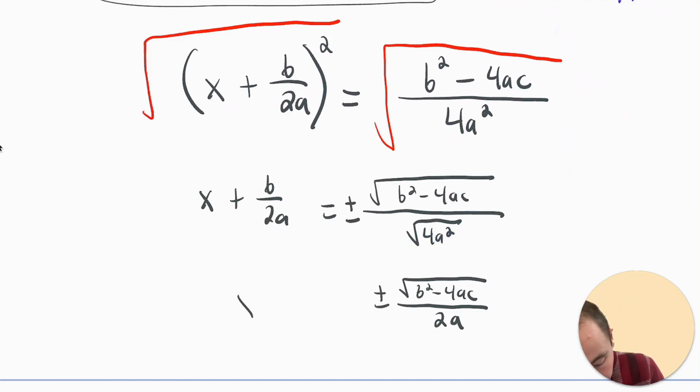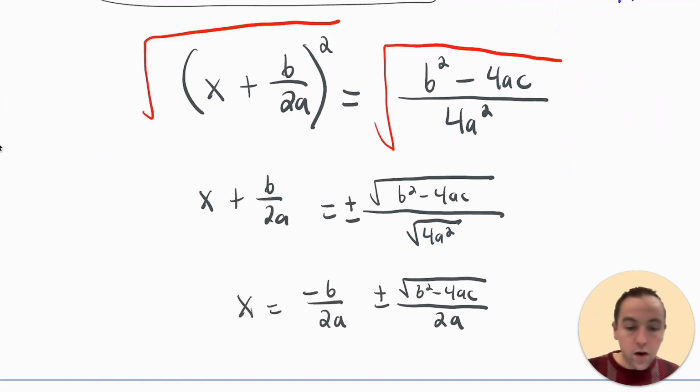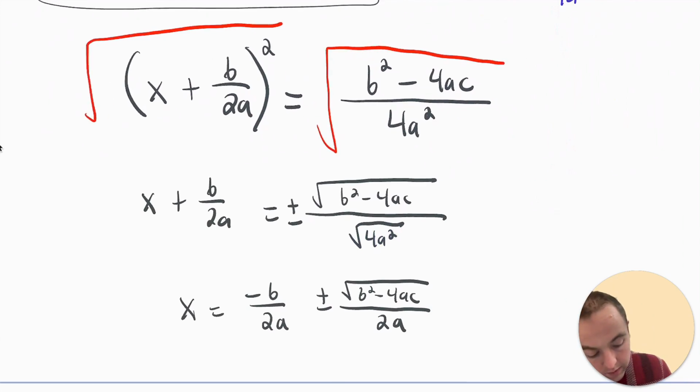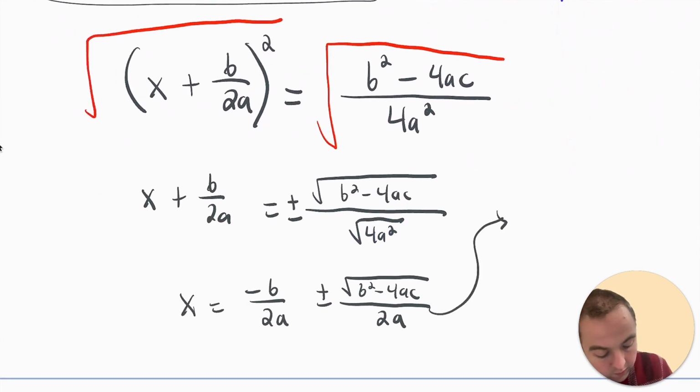So I end up getting that x is equal to negative b over 2a if I subtract that from both sides. And then you'll notice that this fraction and this fraction do have common denominators, and they're being added. They have the common denominator of 2a. So I could finally finish this off and write it over here, that x would be equal to all of that over 2a. So it's going to be negative b plus or minus the square root of b squared minus 4ac.